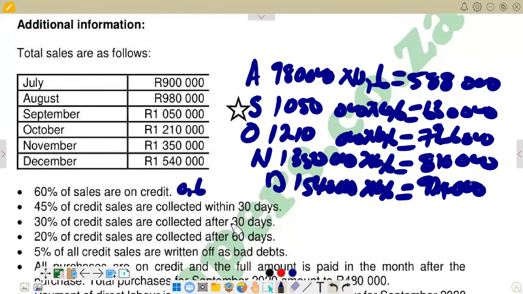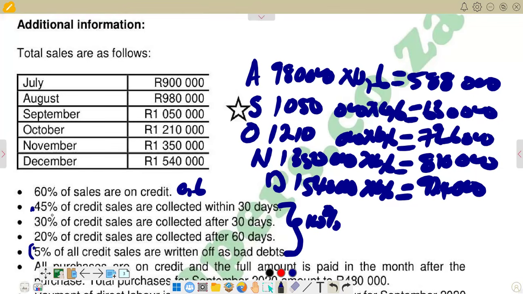So from year to year, with bad debts, we should have 100%. It means the 100% of credit sales is subdivided as such: 45 plus 30 plus 20 plus 5% to get 100%. But this 5% we're not going to record, since it's a non-cash item.